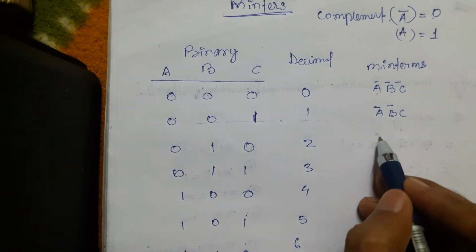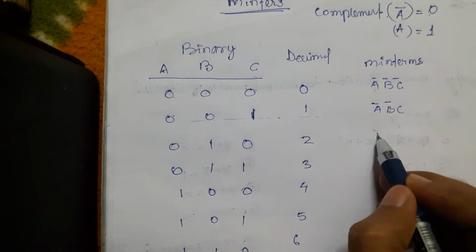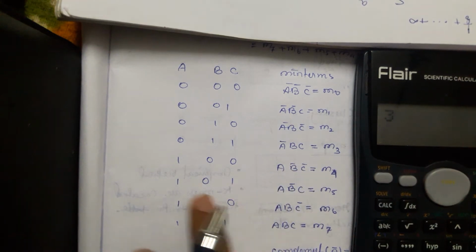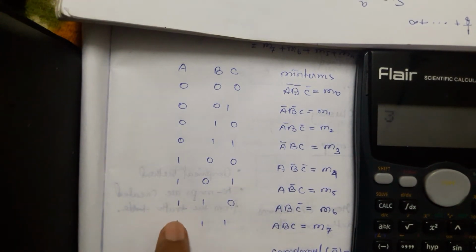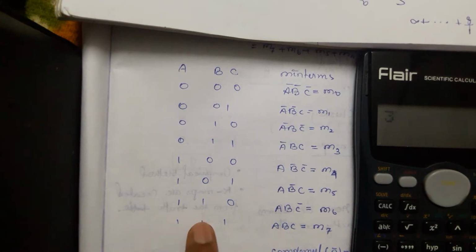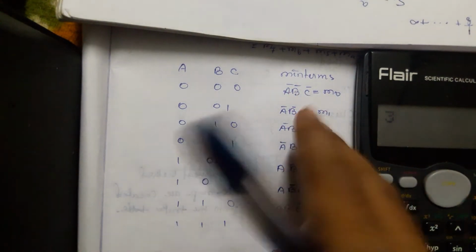In this fashion we will write all the numbers. Let me write. It is written here, and you can verify every term. For example, a b c is written where a is 1, b is 1 and c is 1. So these are min terms.